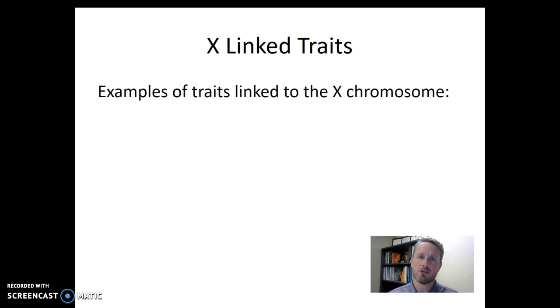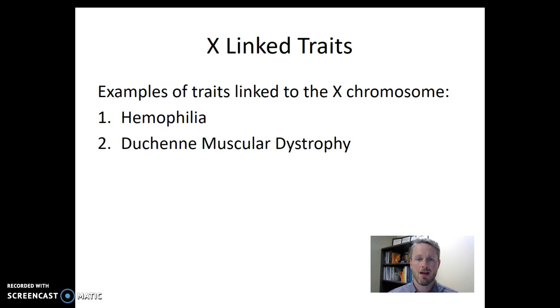Here are three particularly common disorders that are X-linked. Hemophilia, right? Bleeding disorder. That's an X-linked trait. Another disorder called Duchenne muscular dystrophy, where our muscle fibers stop working quite correctly, is an X-linked trait.